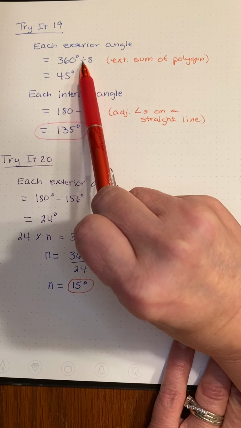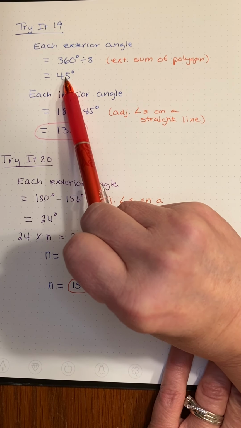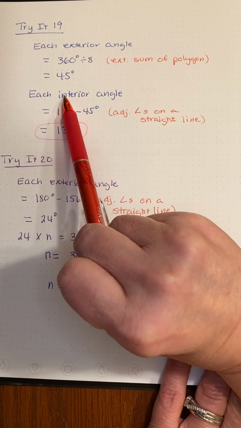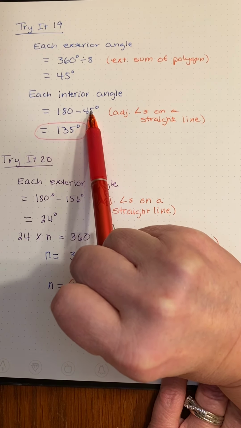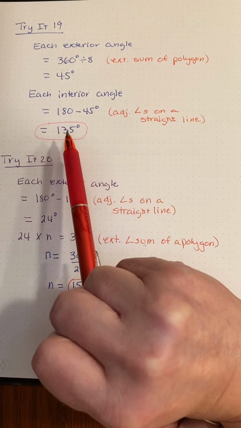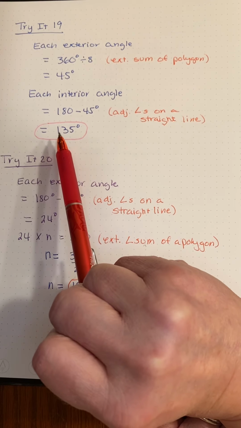So 360 divided by 8 gives me 45 degrees for each exterior angle. Therefore, each interior angle would be 180 minus 45 degrees because of the adjacent angles on a straight line. So that means it's 135 degrees.